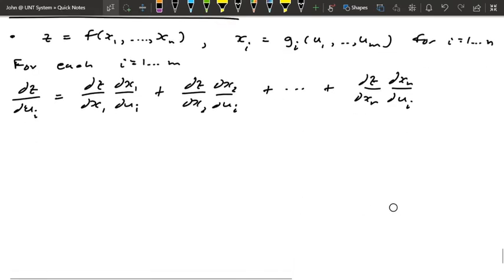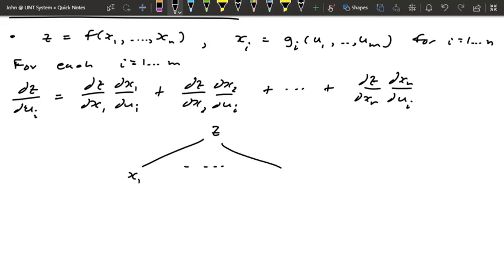Okay, in the tree diagram, I'm not going to draw the whole thing, but it would be similar. You have z as a function of x1 through xn. And each of these variables, in turn, is a function of u1 through um.